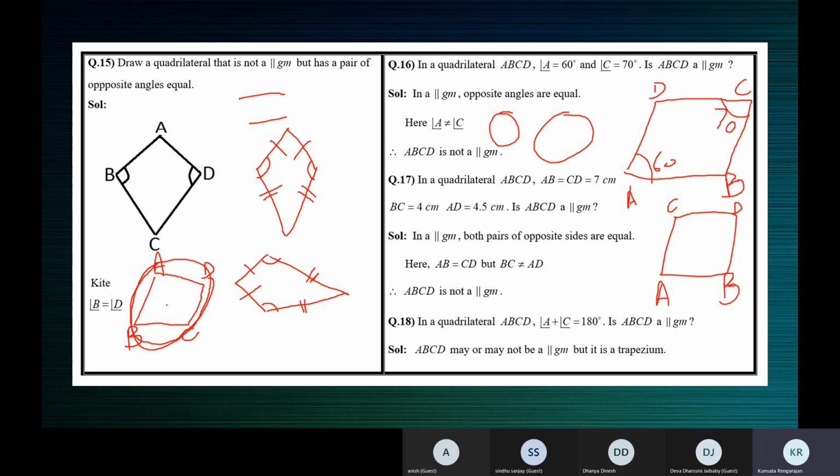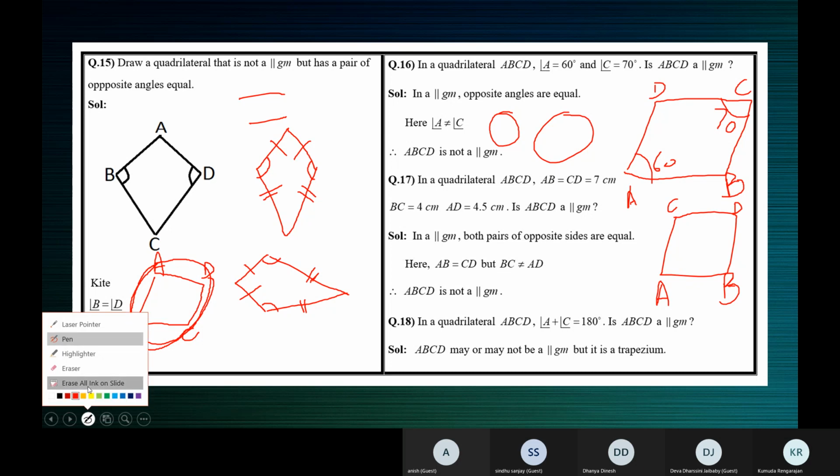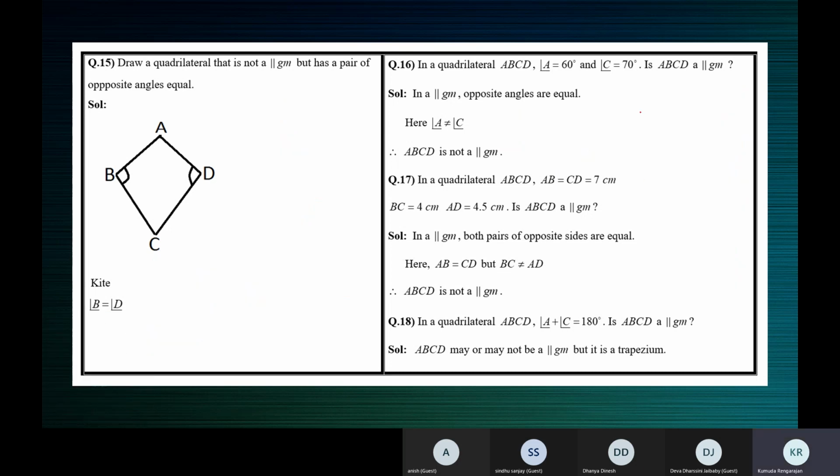So AB is 7, and CD is also 7. BC is 4. AD is 4.5.